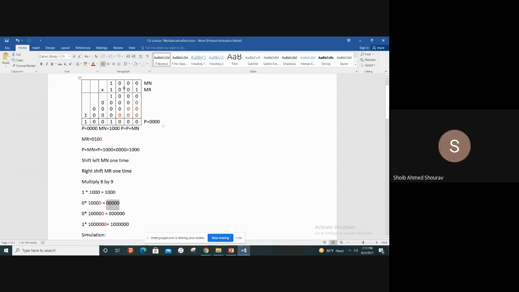Then in the next iteration, when we want to multiply this mn with this 0, we are going to shift left mn once again to make more space, another space. Like in the first line, there is one shift left, which makes one space, two shift lefts make two spaces. So we are going to shift left once again.